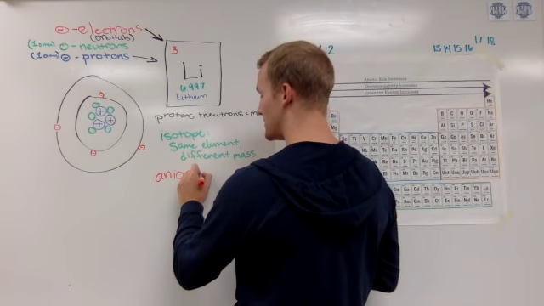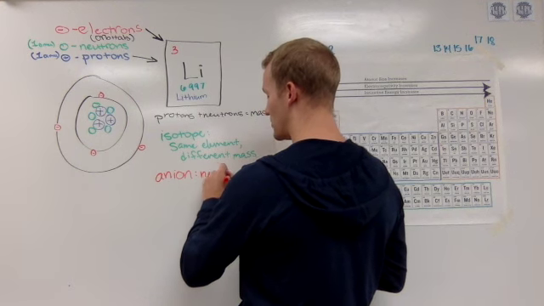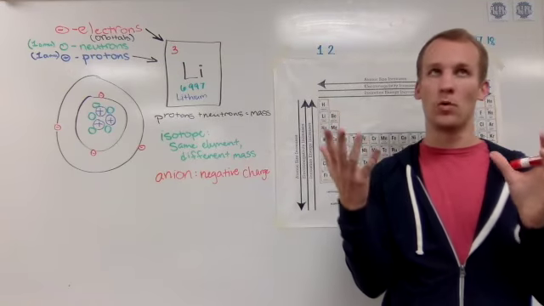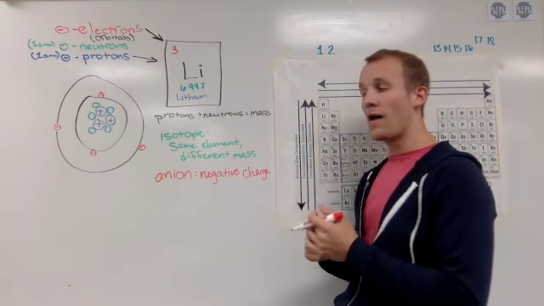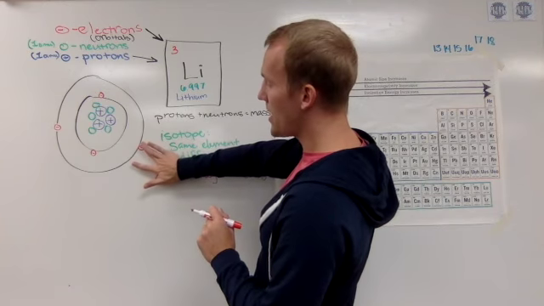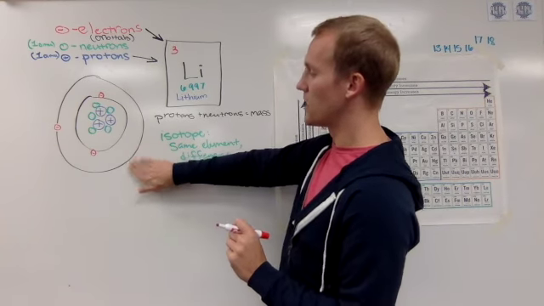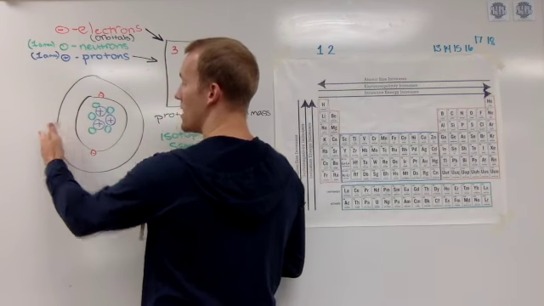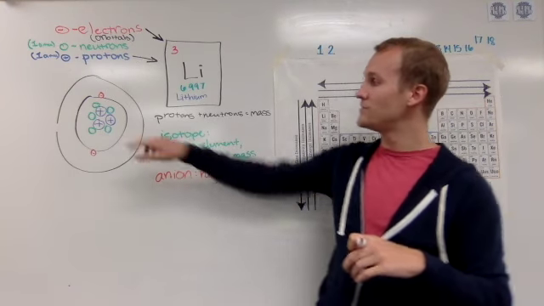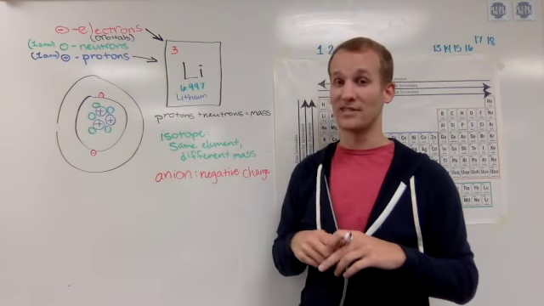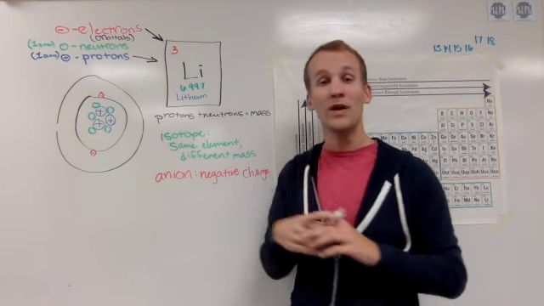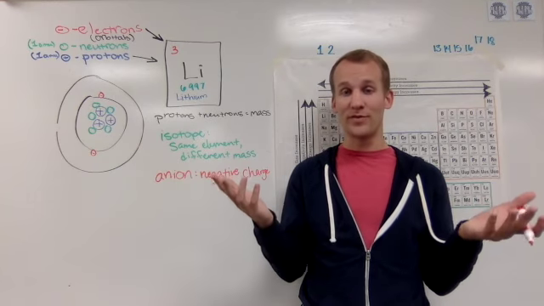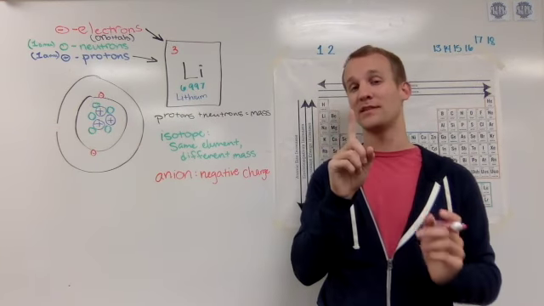This ion would be known as an anion because it has 1 extra electron, or it is negatively charged. So anions are negatively charged because they have 1 or more extra electrons. On the flip side, if we took away that extra one that we talked about, and we then also take away another one, now we are left with 3 positive particles in the center and only 2 negative particles surrounding, which means that -2, +3, add those together, we end up with +1.